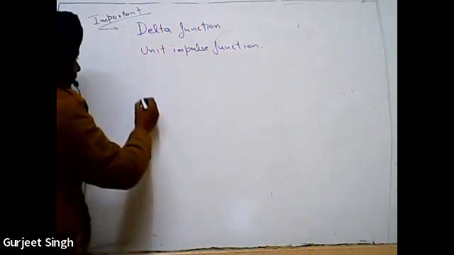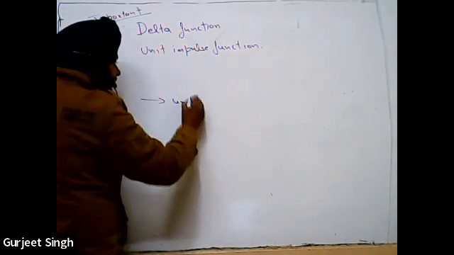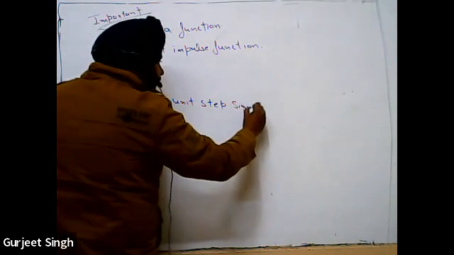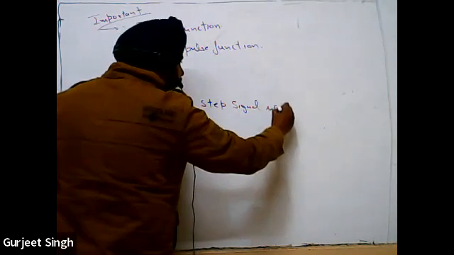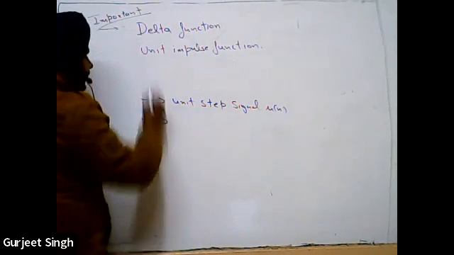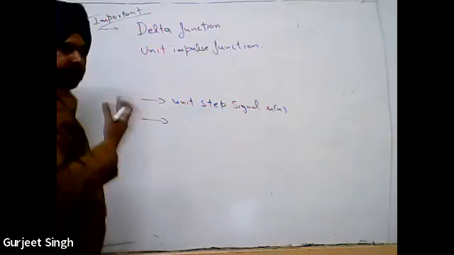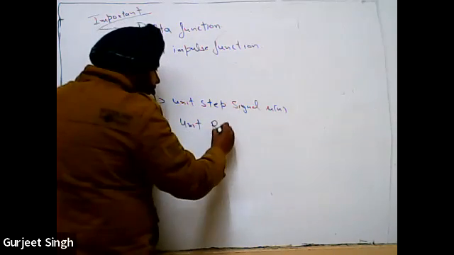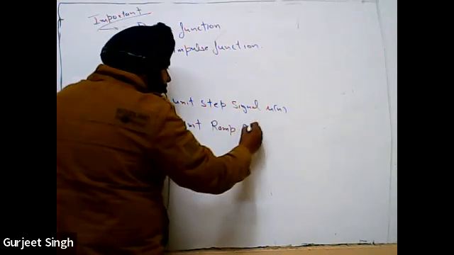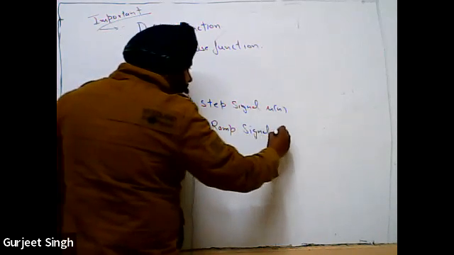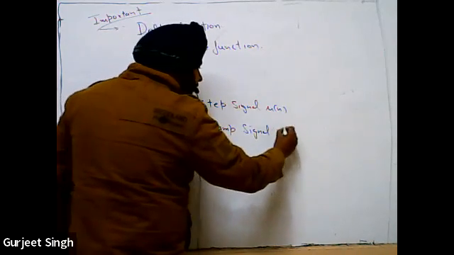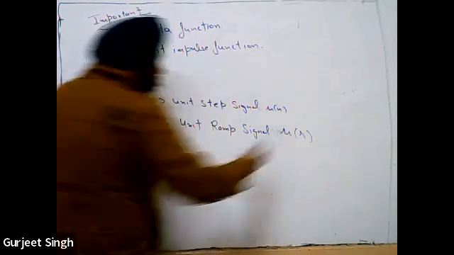The unit step signal is represented by u(n). Second, the delta function is also important. Third, we have the unit ramp signal, which is represented by this type of signal, the UR representation.